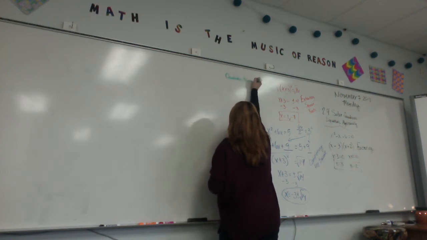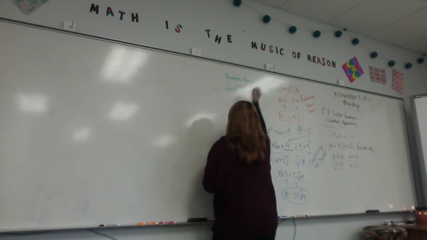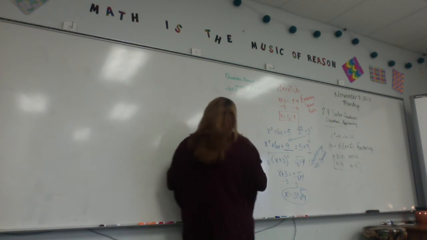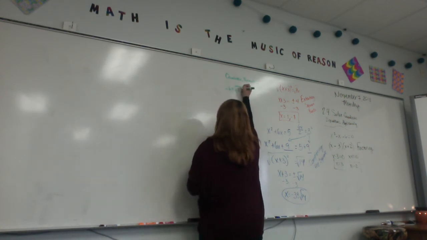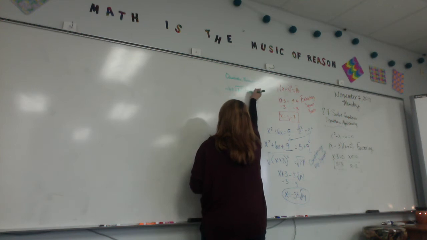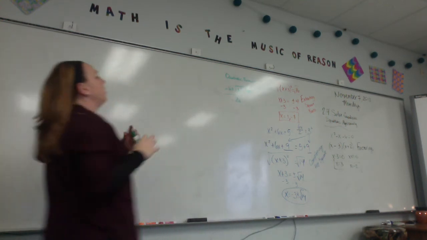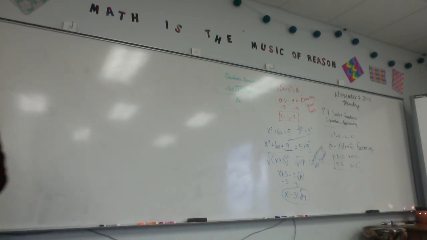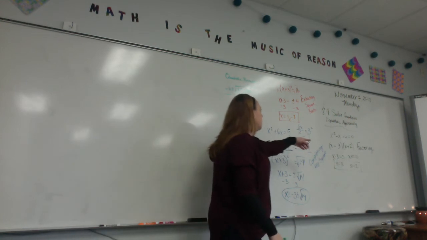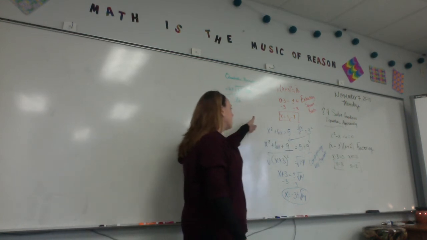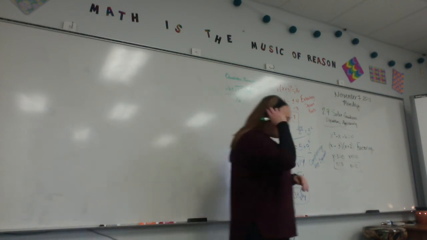It's the opposite of b, plus or minus the square root of b squared minus 4ac, all over 2a. I use the quadratic formula when those other 3 aren't possible. When I cannot factor it, when I cannot extract the square root, when I cannot solve it by completing the square, I can use the quadratic formula.